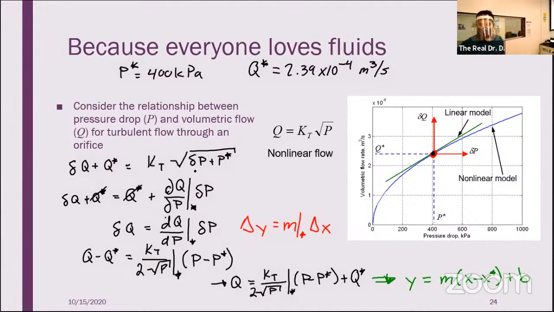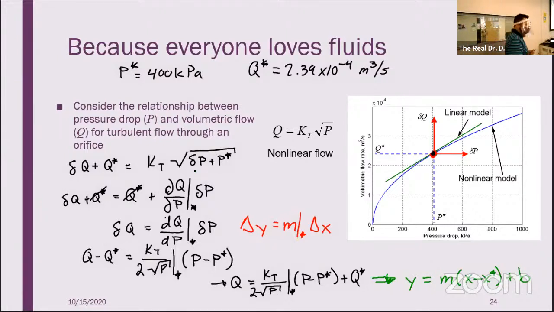In the real world, like this pressure system, say it's a nonlinear flow through an orifice, I know my overall system runs at a certain amount of pressure. I know the range of pressure drops I'm expecting, and this model looks really good between 300 and 500 kPa.